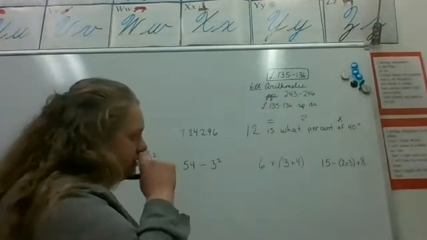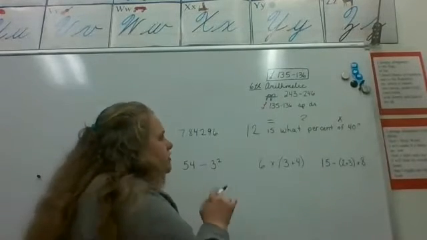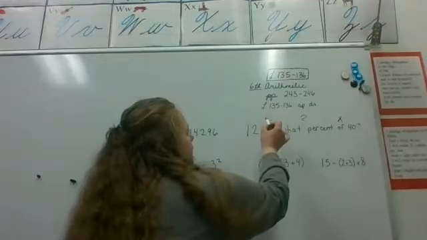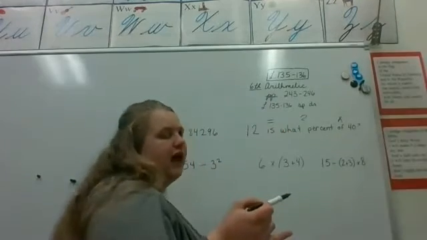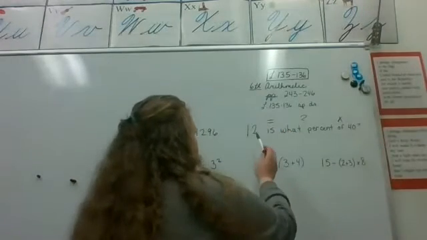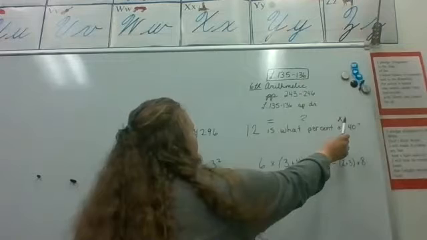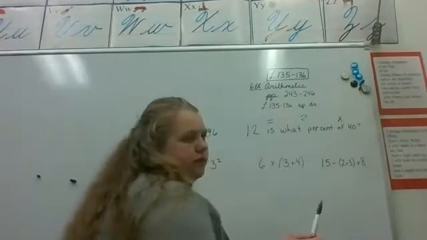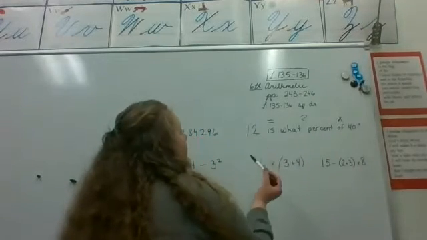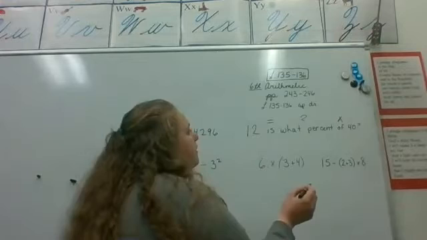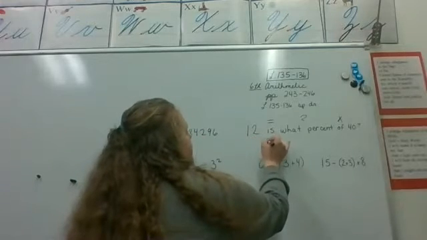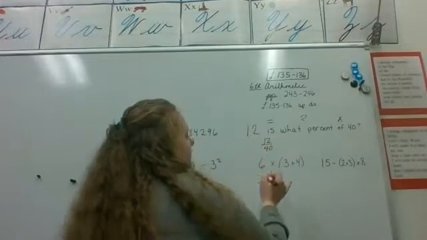The easiest way to do this problem is actually to look at the equals as we would do the opposite of multiply. We're going to divide. And if we're going to divide, the easiest way for this is actually to put 12 over 40. Okay?